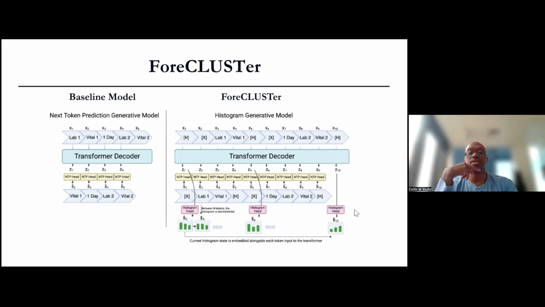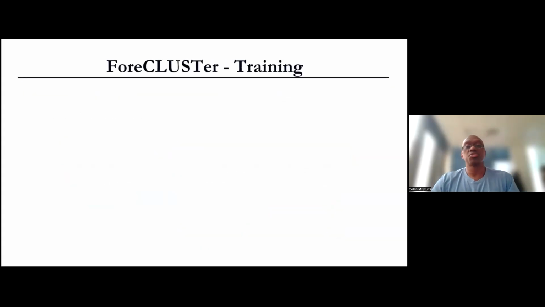So there are two things that the model gives you: some short-term prediction, what is my next observation conditioned on the past, but also a distribution of what's happening in the future. And so the loss here is a combination of two things. It's a loss of the next token prediction, which is standard in transformer models, but there's also a loss that goes over the distribution over the future. So in training this model, a few things.